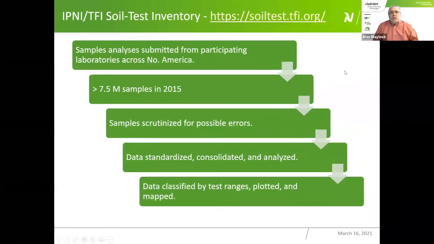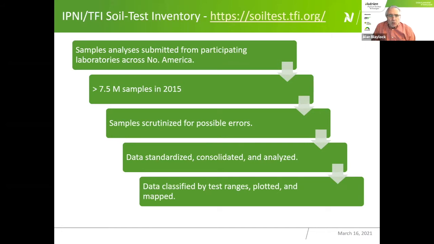So what does this inventory consist of? The Institute solicited soil sample analyses from commercial and public laboratories across North America. In 2015, it was composed of over 7.5 million samples that were submitted. They contact the labs, who submit their analytical data from all the samples they received. It's completely anonymous, so there's no concern about confidentiality. They simply submit the numbers.